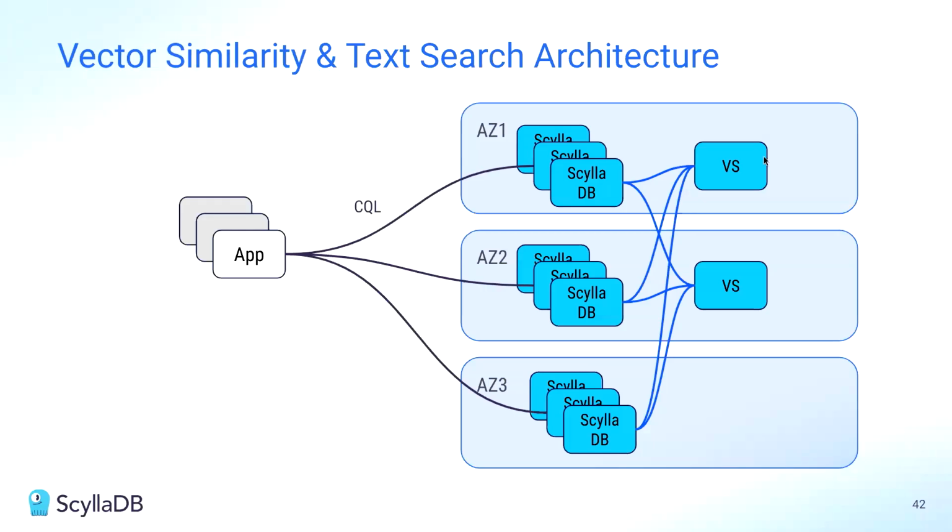So vector search, I won't go again into the details, but what it does is it creates something called vector embeddings, and it runs an algorithm to find ANN, or what's the distance between different pieces of data.